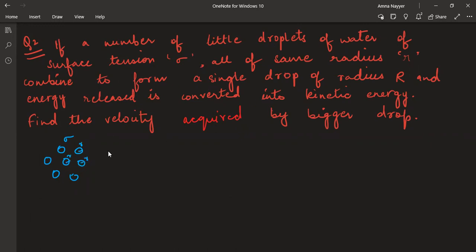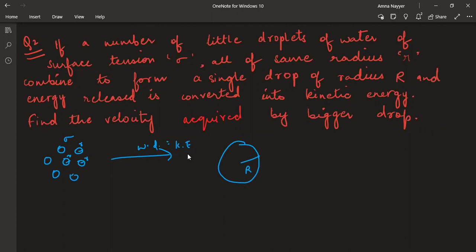They combine, all of these coalesce and form a larger, bigger drop of radius capital R. Whatever energy is released is converted into kinetic energy and we have to find the velocity. If you find the work done in this case, you can equate it to kinetic energy using work energy theorem. And if you have kinetic energy, then using half mv square, you can get the velocity.